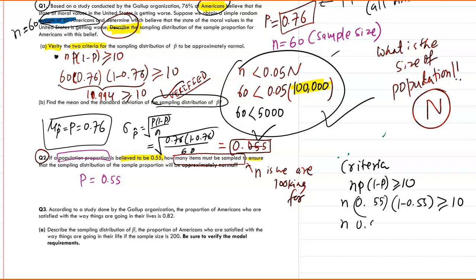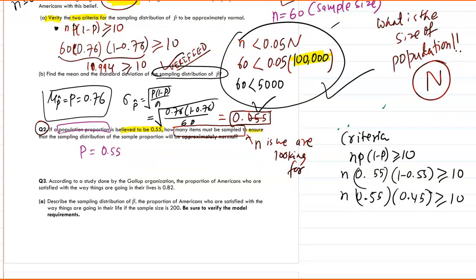And 0.55, remember that 1 minus 0.55 is 0.45, greater than or equal to 10. Now I multiply these two numbers, 0.55 times 0.45, and that gives you 0.2475, greater than or equal to 10.